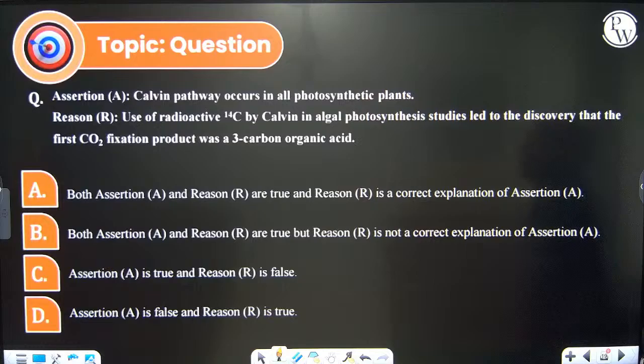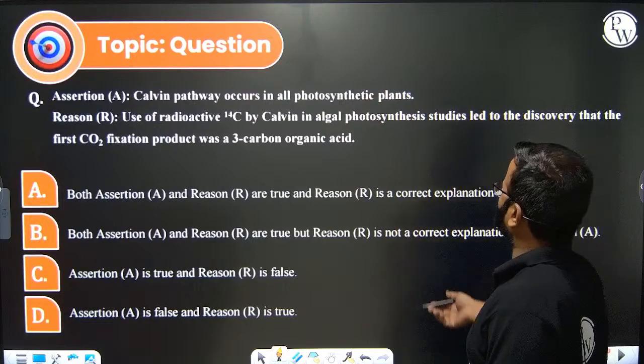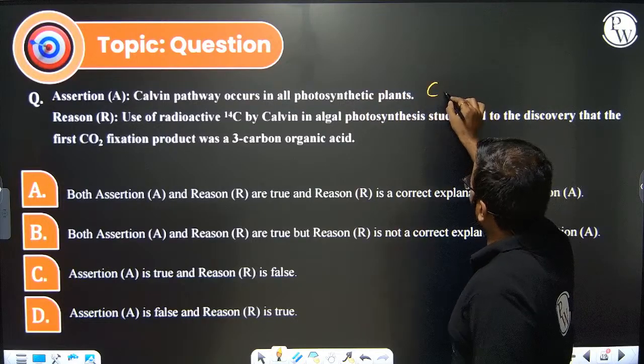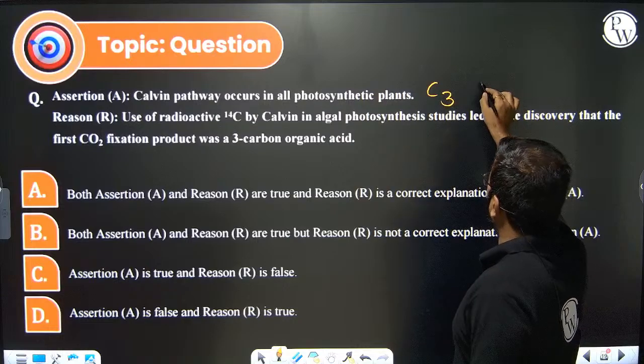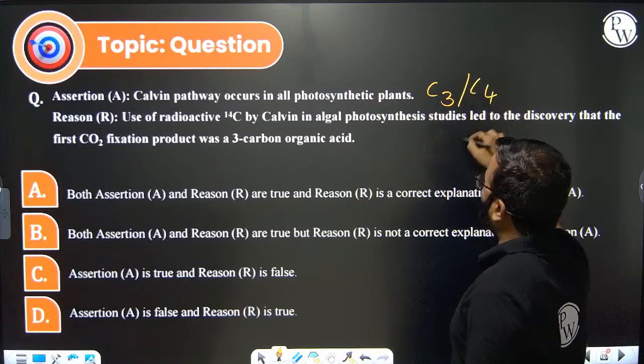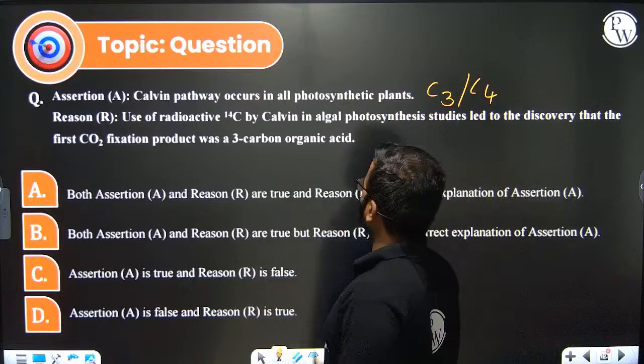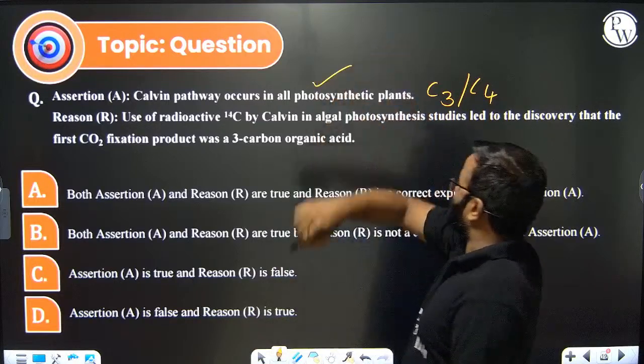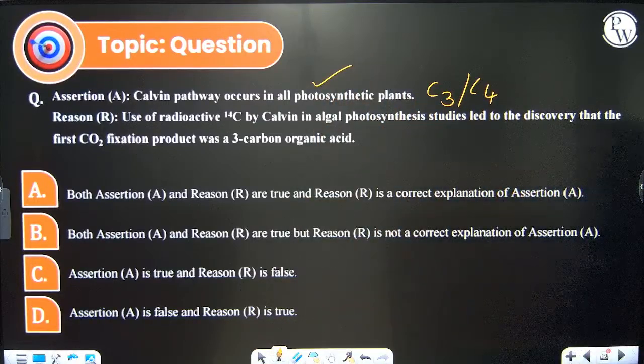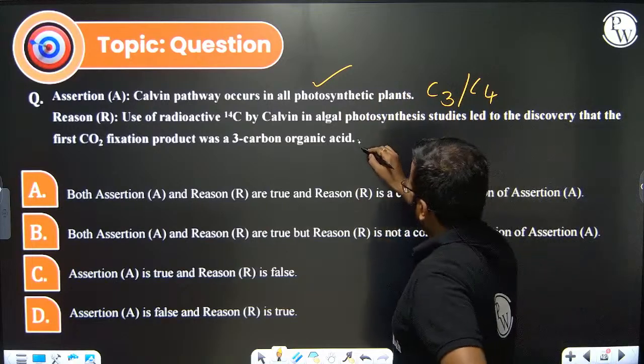Calvin pathway occurs in all photosynthetic plants, irrespective of whether it is a C3 plant or a C4 plant. There will be Calvin cycle, which is true as a statement. Use of radioactive C14 by Calvin in algal photosynthesis studies led to the discovery that the first CO2 fixation product was a C3 compound, which is true as a statement.